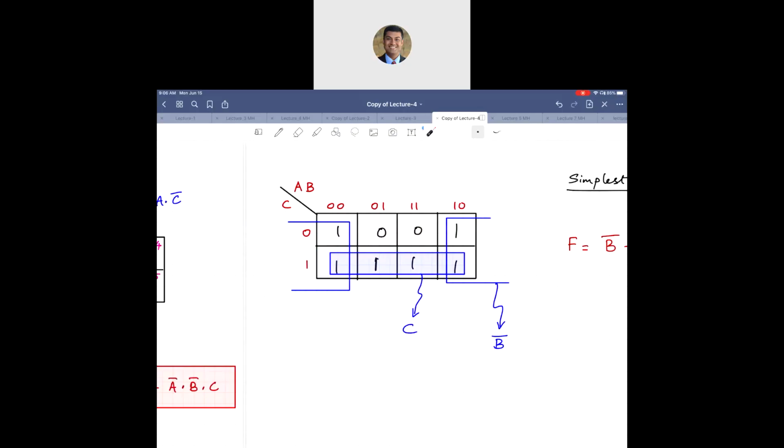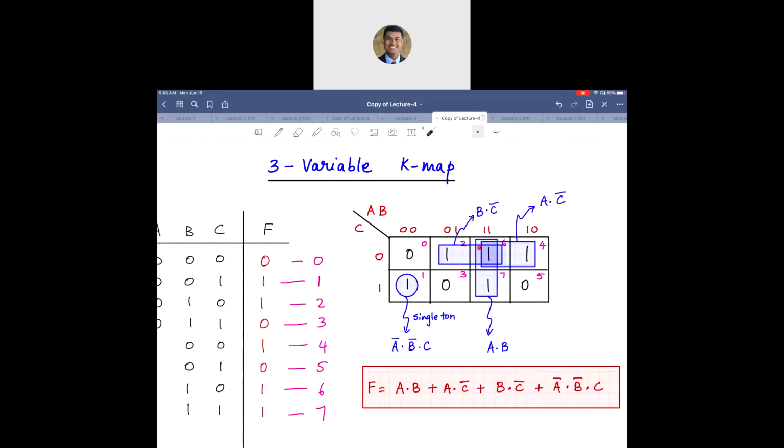When you had a group of 2 ones, you had 2 literals per product term. When you had a group of 1 with only 1 one, you had 3 literals per product term. So I hope you see that the bigger the group you make, the smaller the product term you will get.